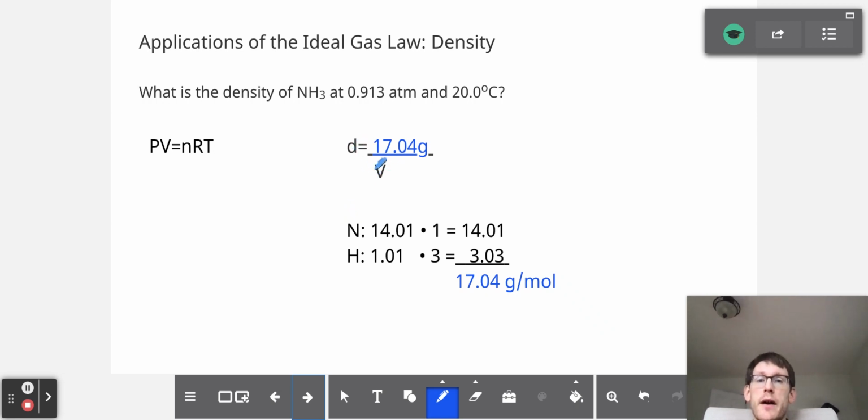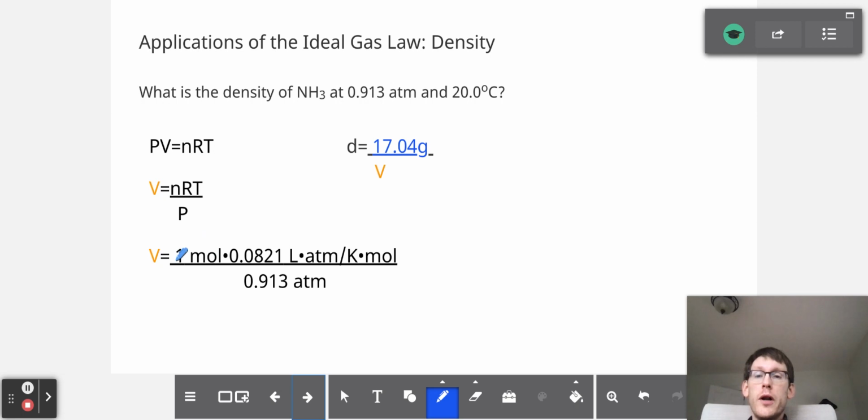Now that volume is something that we can get from PV equals nRT. Rearranging, we get that V equals nRT over P, and substituting in 1 mole, because again, we're assuming a 1 mole sample, and our R, and our T, which is 293 degrees Kelvin.